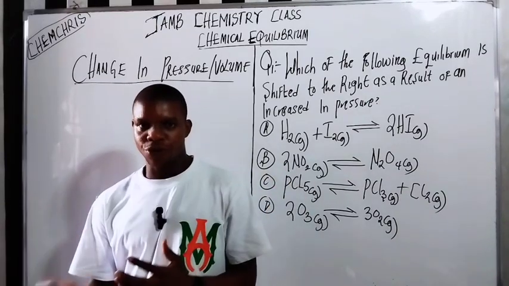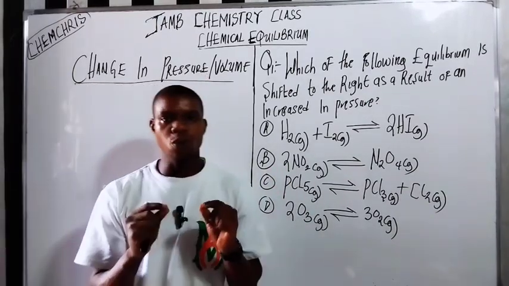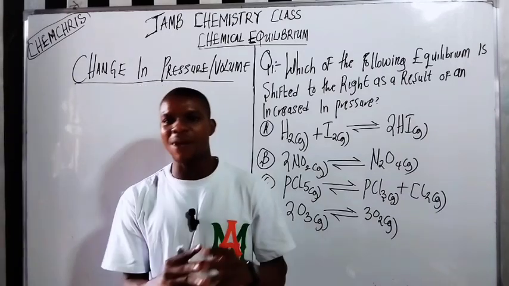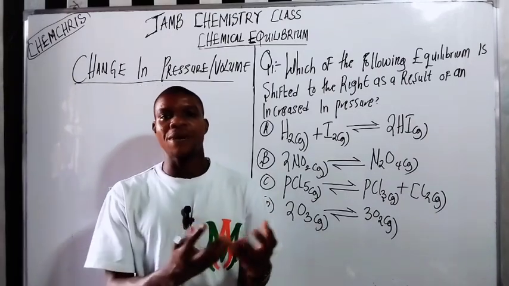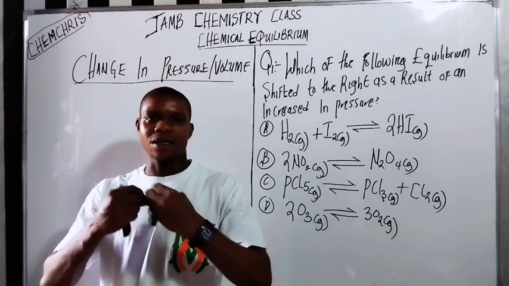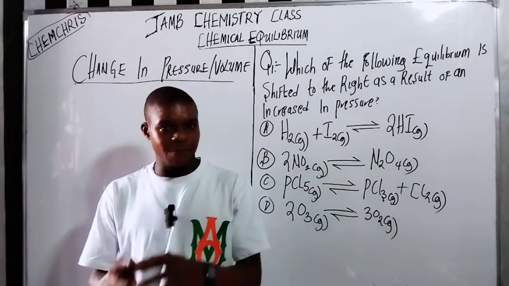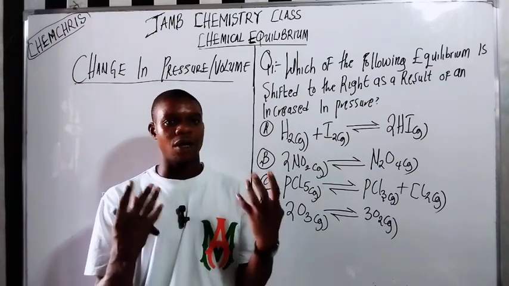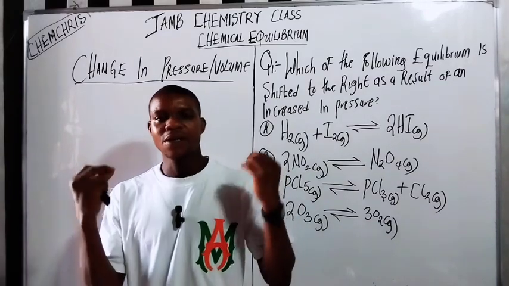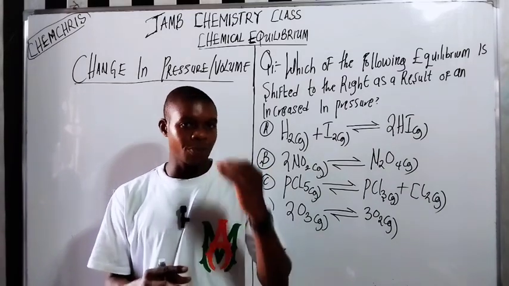I've done the first video on chemical equilibrium. Please, if you have not watched that video, it's very important you check it out, because in that video I explain the concept of chemical equilibrium, what's called dynamic equilibrium, and how to write the equilibrium constant expression, because you already see questions like that in the exam. Then how does change in concentration affect the equilibrium position?